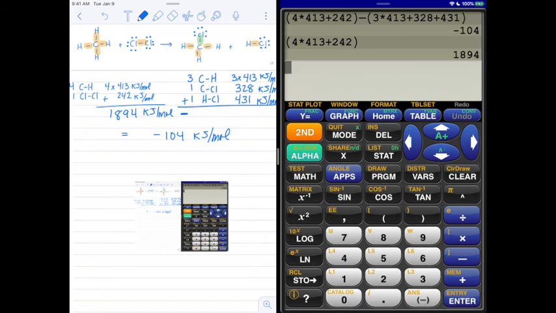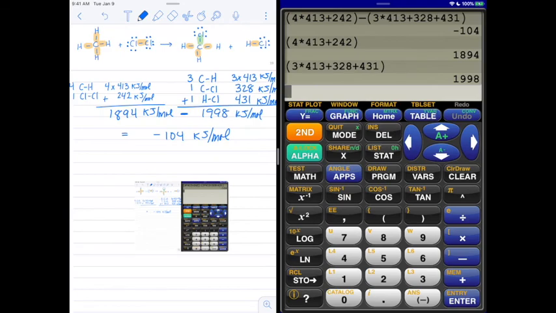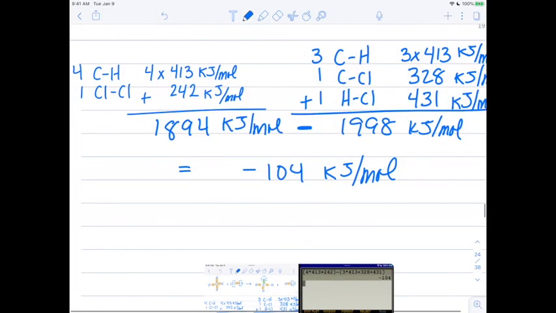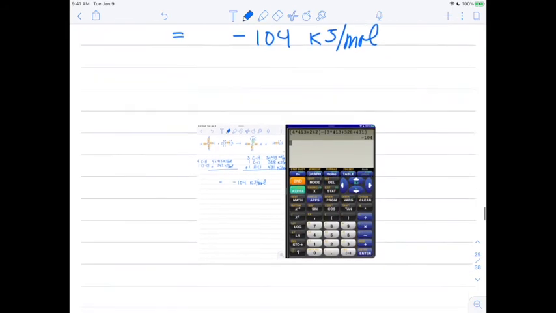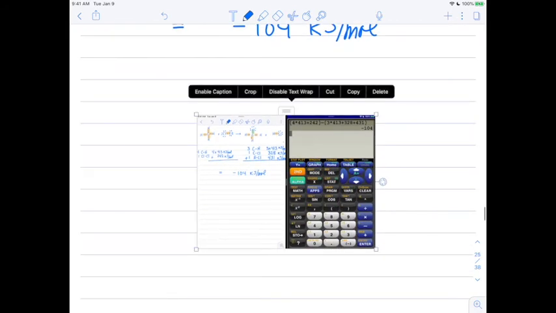And from that, we're going to subtract 1998, like so. Okay, any questions on how we got these values? Or anybody get a different answer? Okay, let me just resize the image here for a moment.